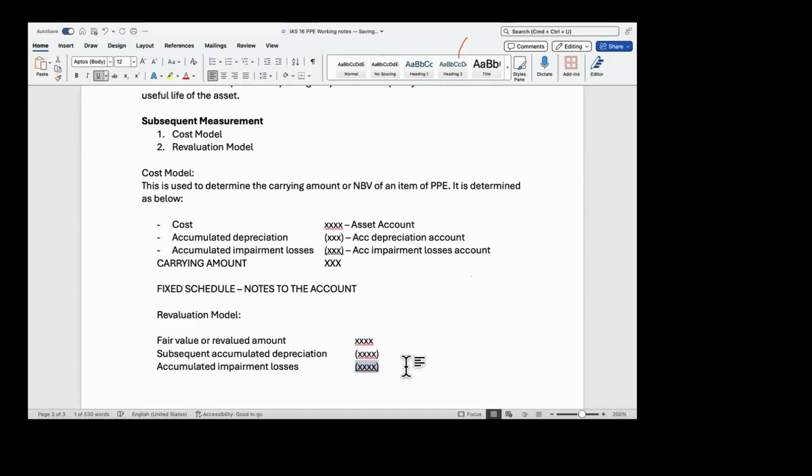This gives us carrying amount of this asset.